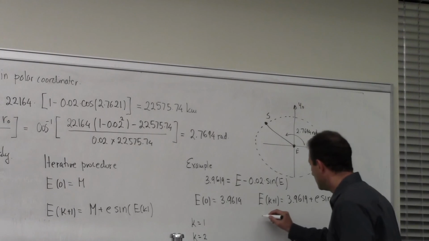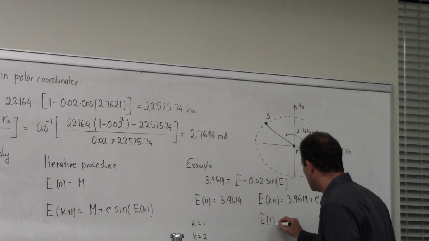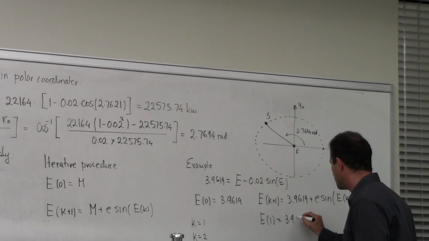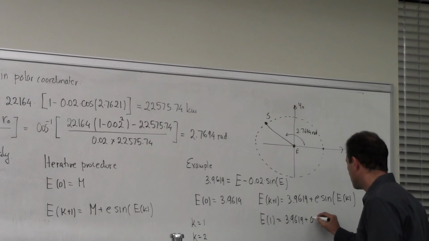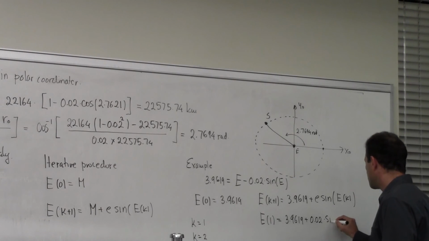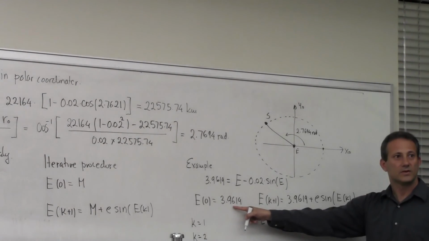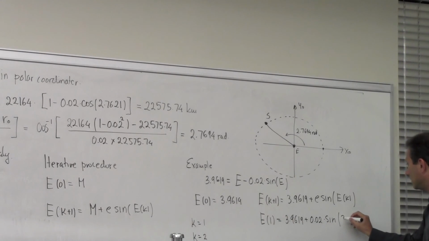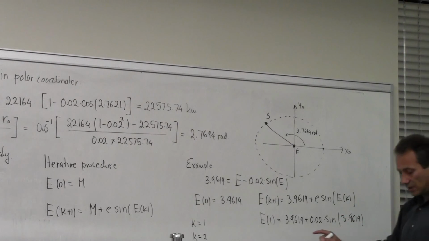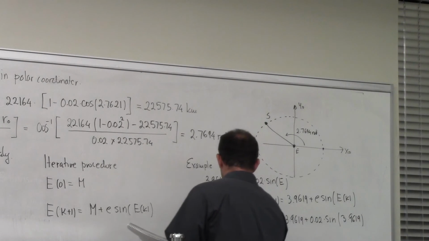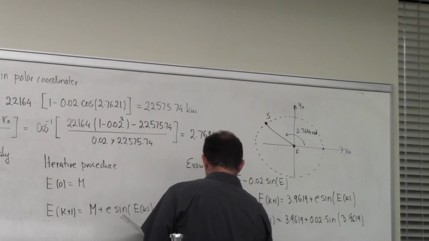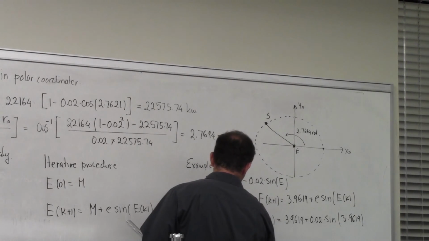So I would have E of 1 equal to 3.9619 plus 0.02 times sine of my E of 0, which is my first guess, 3.9619. When you do the calculations, you get 3.9473.